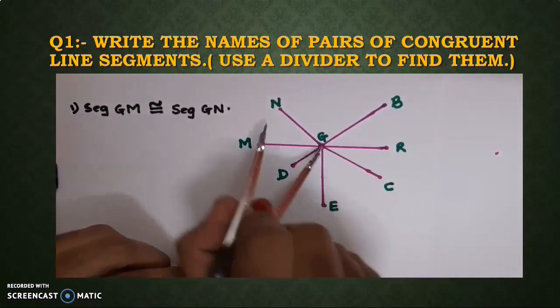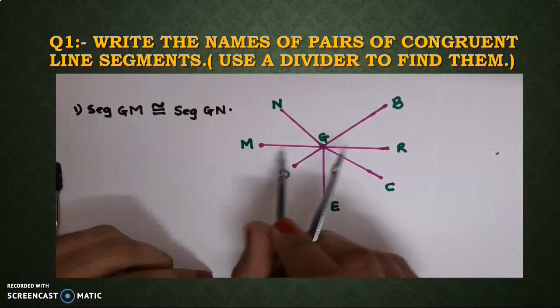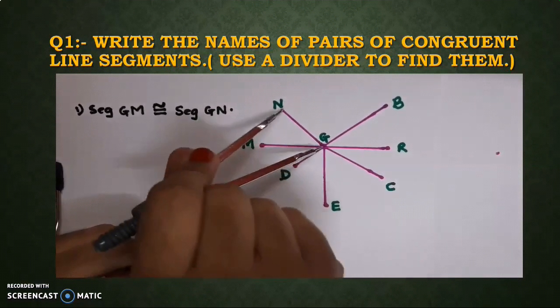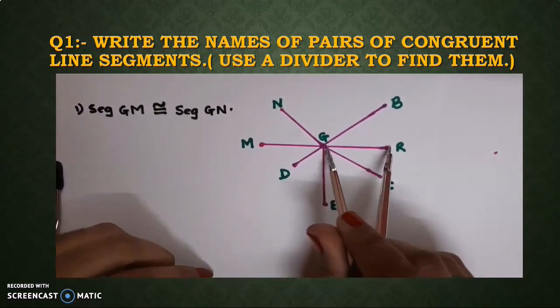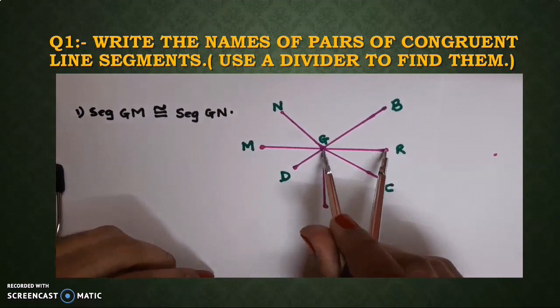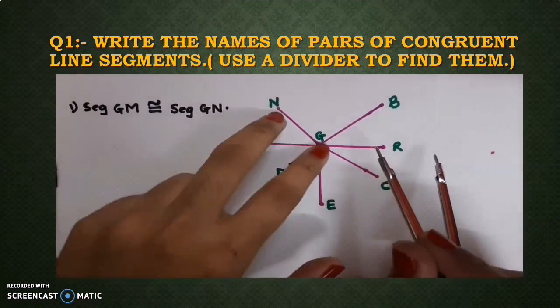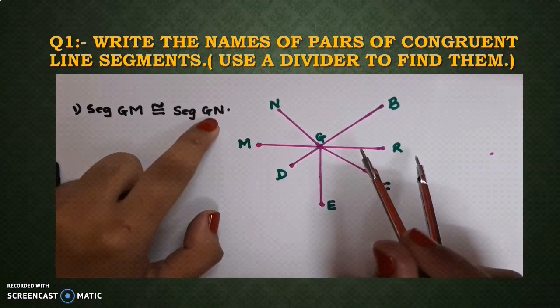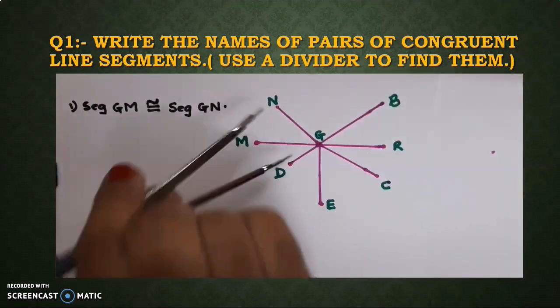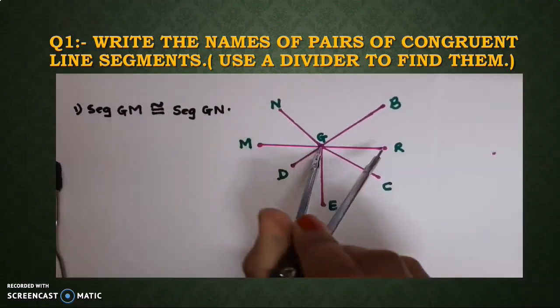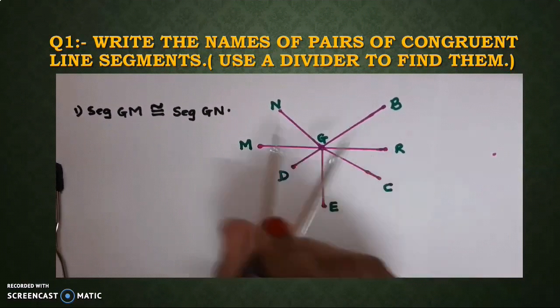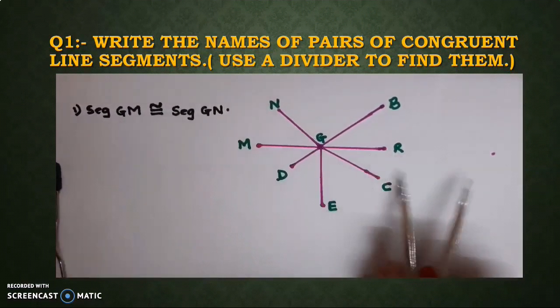So first we wrote GM is congruent with GN. Now GM, GN, GR, all three segments have the same length. Now we will write GN is congruent with GR. Why? Because both have equal length.